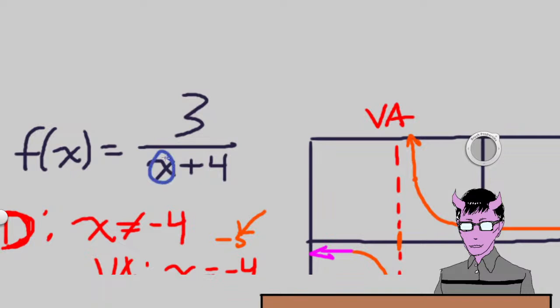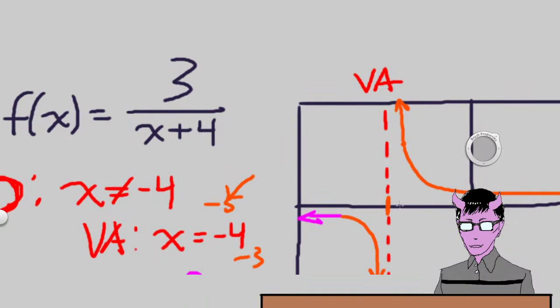So if you plug in a value that's slightly bigger than negative 4, so this is negative 4, we're plugging in negative 3.9-ish, for example. What happens if we plug in that almost negative 4? Then the bottom becomes almost 0.